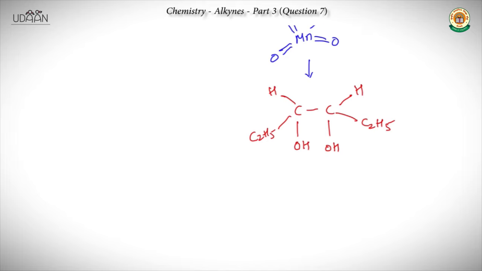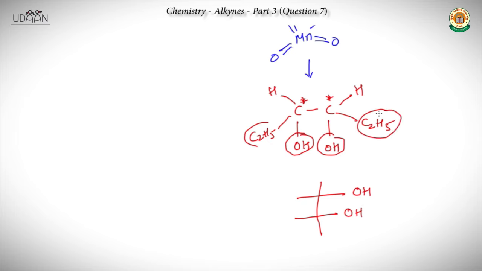So let's draw its Fischer diagram to understand its stereochemistry. Now these two are chiral carbons, if you see, because all of the groups are different. Let's consider these are our carbons, and if you see here, two OH groups are on the same side, and two ethyl groups are also on the same side.